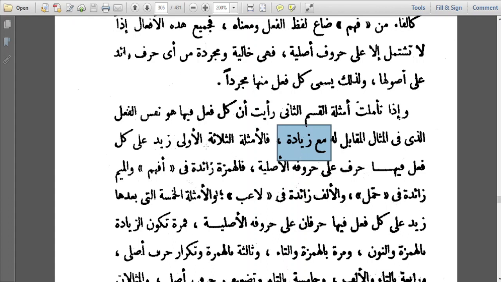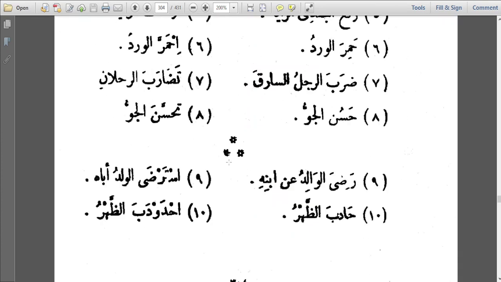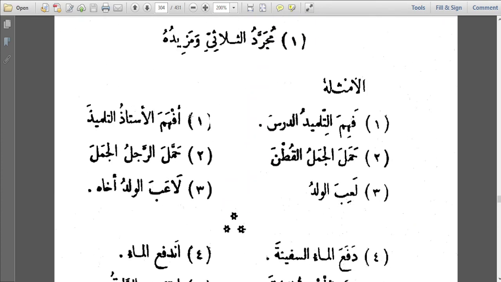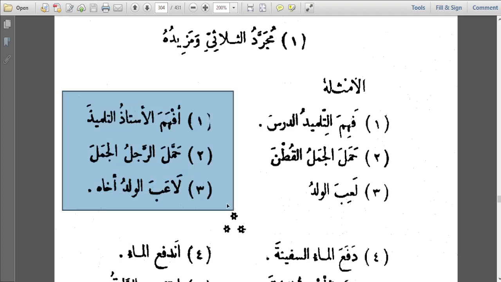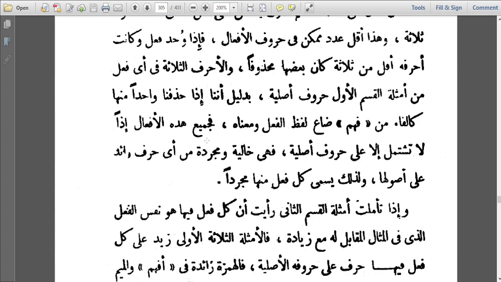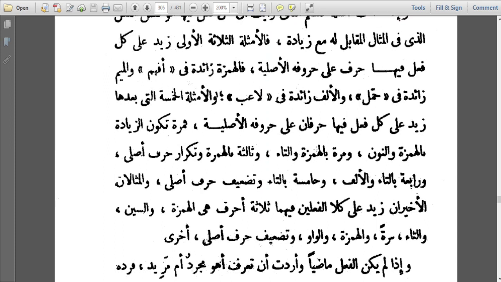فالأمثلة الثلاثة الأولى زيد على كل فعل فيها حرف على حروفه الأصلية. So in the first three, just one letter has been added. And then he says فالهمزة زائدة في أفهم.